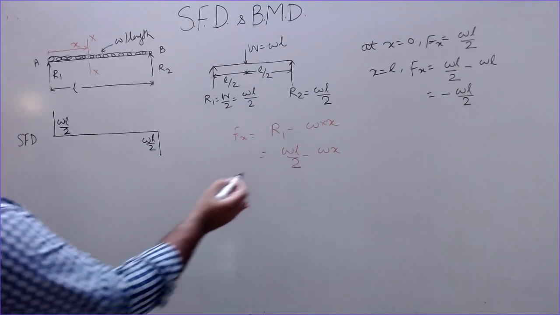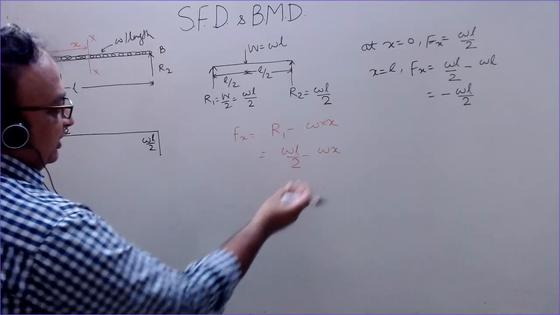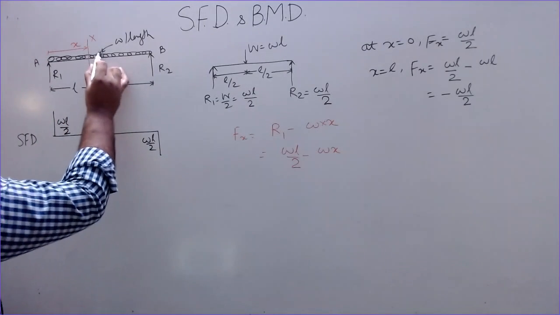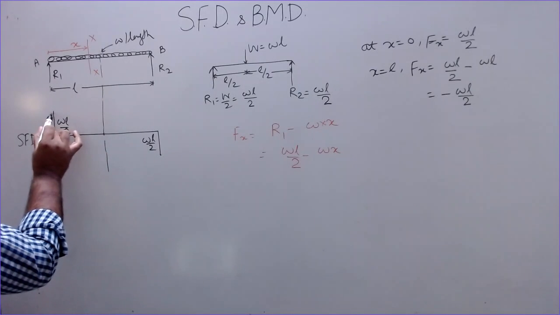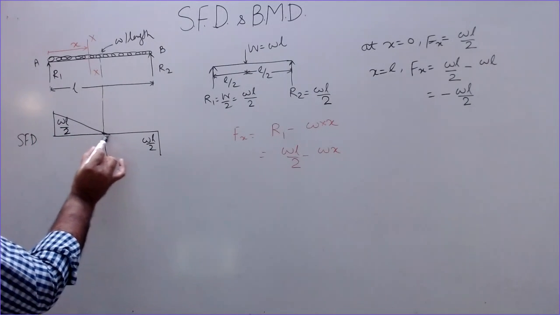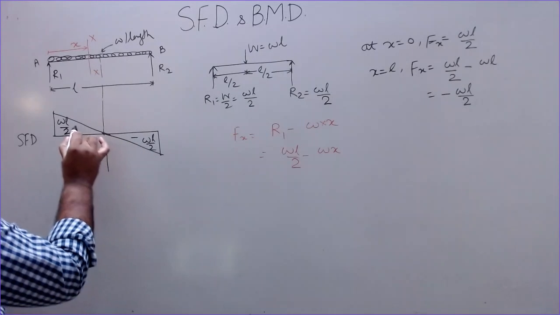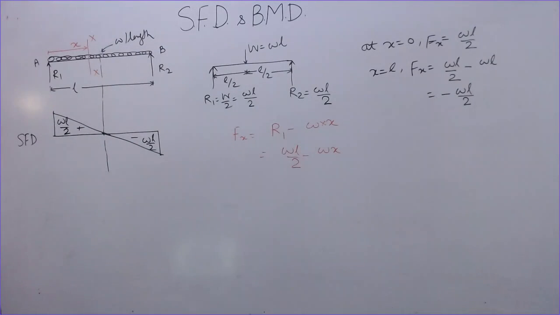And shear force will be 0 obviously at x equal to L by 2, where the effective load is acting; this will be changing its sign. This is minus, this is plus. So there is a change in intensity from this point to this point.